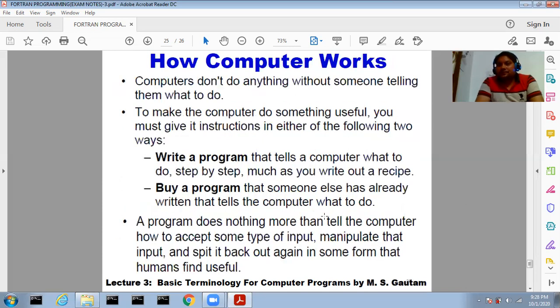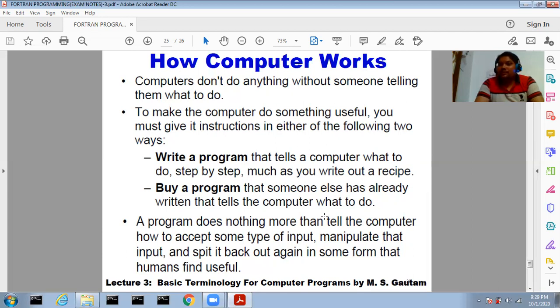Then finally, the question comes to mind: how does a computer work? The working of a computer depends on the program. Suppose we want to solve a particular problem, then we can write our own program, and this program can be used to solve the particular problem step by step.